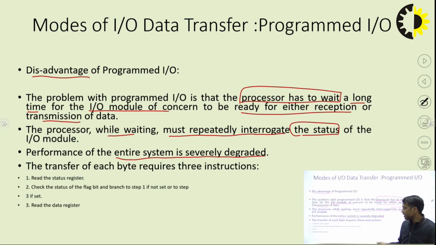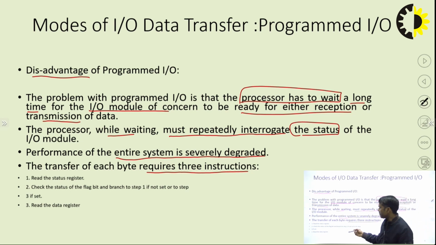Another thing is that for each byte we require 3 instructions as we transfer data with the memory. So, this will happen: read the status register, check the status of the flag bit and branch to step 1. If not, go to step 3 and read the data register.